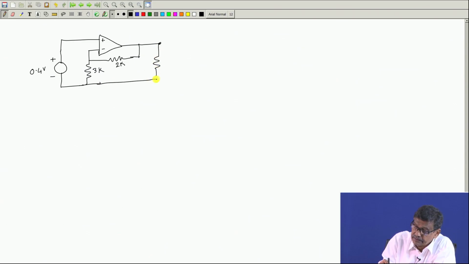We will see this value, I have forgotten. Now, in this circuit I have been asked to calculate what is V naught.